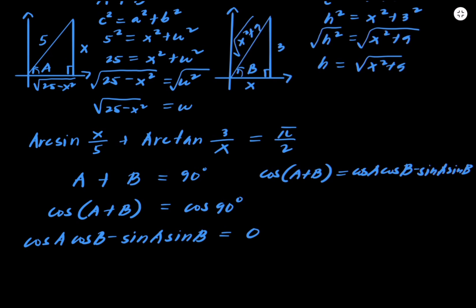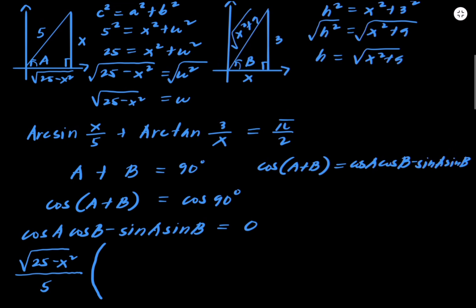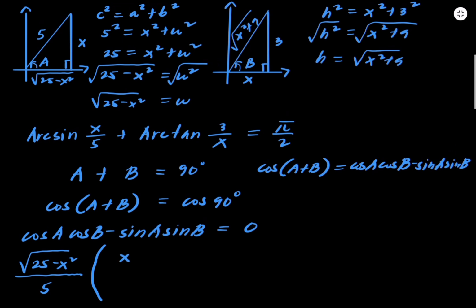Adjacent over the hypotenuse. So what is the adjacent side? That is the root of 25 minus x squared. And the hypotenuse is 5. Okay? And multiply it by cosine B, adjacent over the hypotenuse, which is the root of x squared plus 9.